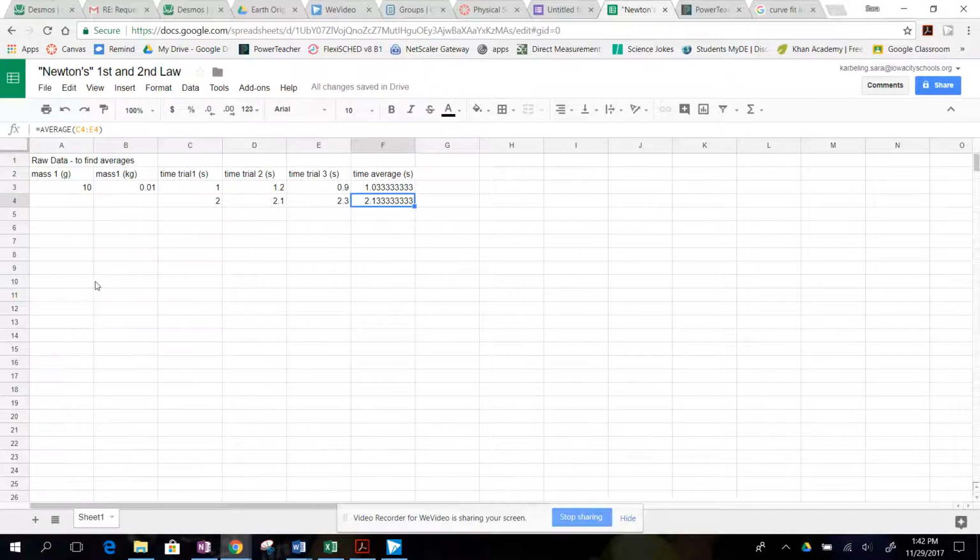Okay. So what kind of columns are we going to need to have, friends? What do you think? We need to pick some columns. Do we need every single data point every single time that we took? Or no? We just need the averages, yeah.